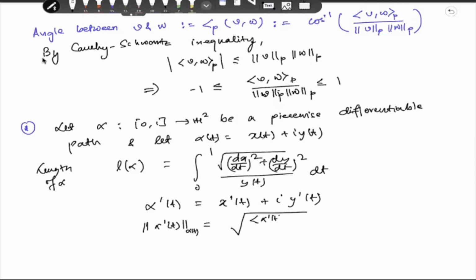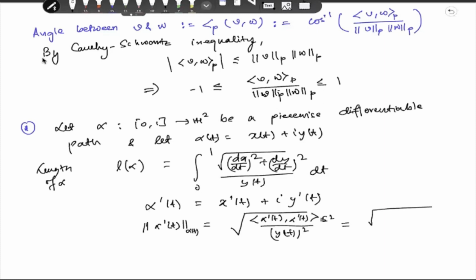First you take the Euclidean inner product at the point alpha t, and divide it by the square of the imaginary part of alpha t, which is nothing but y t squared. So this is equal to root over, where alpha prime t is x prime t plus i y prime t.